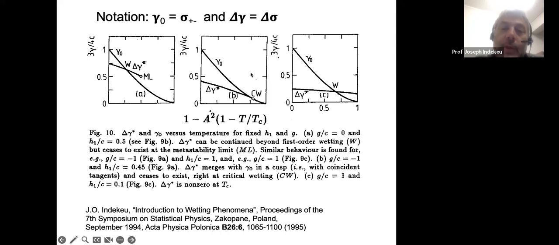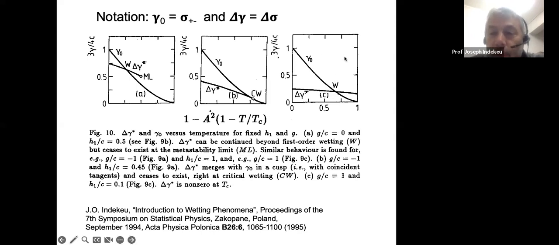So also in that case, delta sigma star does not exist anymore close to TC, and therefore a fortiori Kahn's conjecture is realized, and critical point wetting must take place, even though there is no exponent x and there is no vanishing of this delta sigma star. But the main conclusion of the conjecture is a fortiori true.